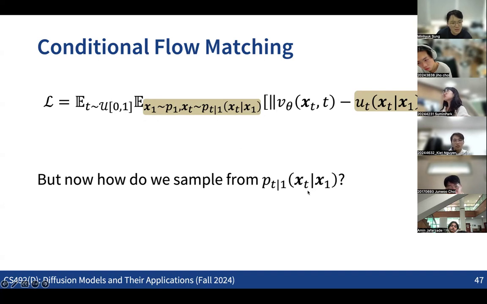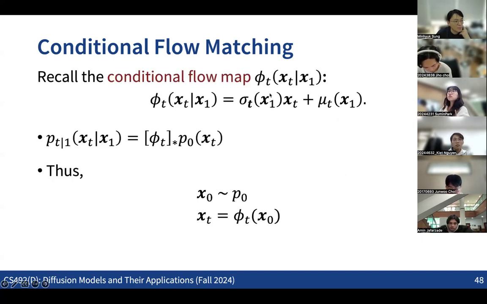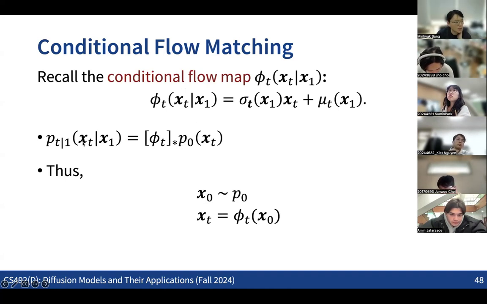We have seen this in the previous slide, right? For the vector field, if you also know the corresponding conditional flow map, which was defined in this way in the previous slide, so if we have this conditional flow map, this function, this is basically the mapping function from p0 to this specific conditional distribution, right? The p_t(x) given x1.